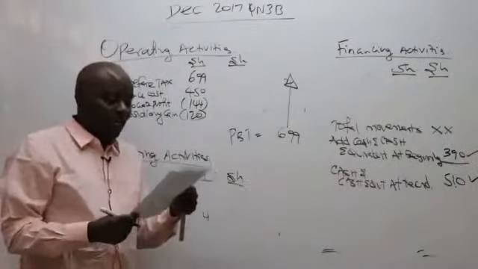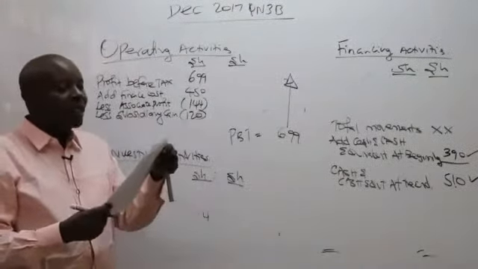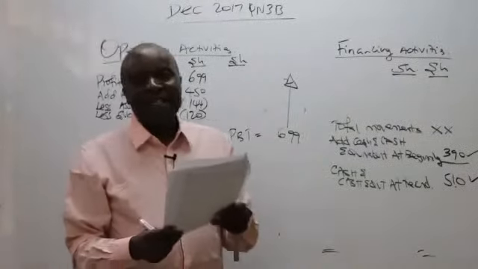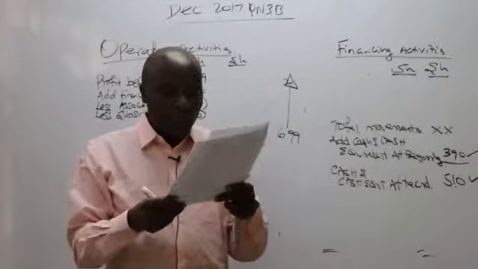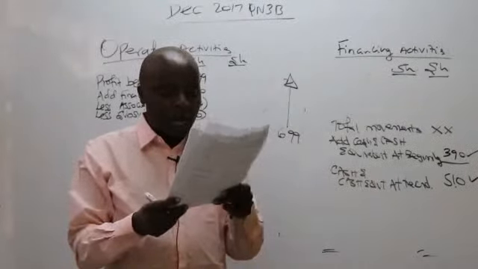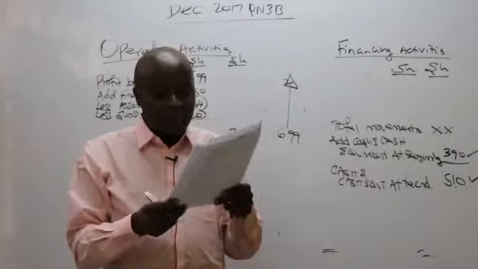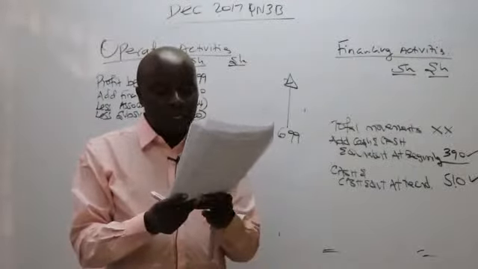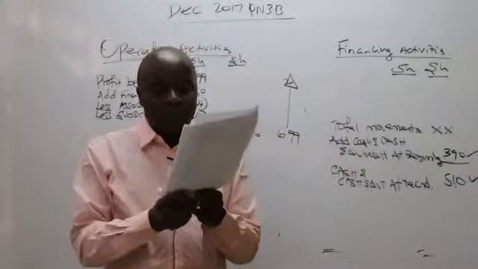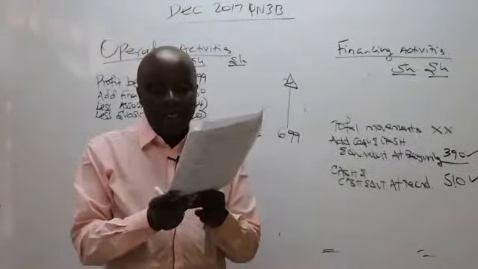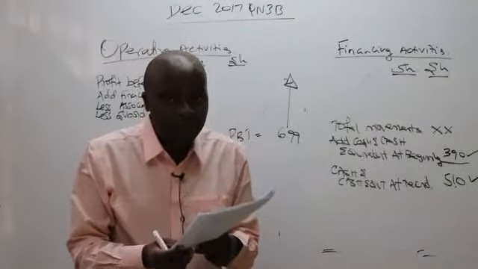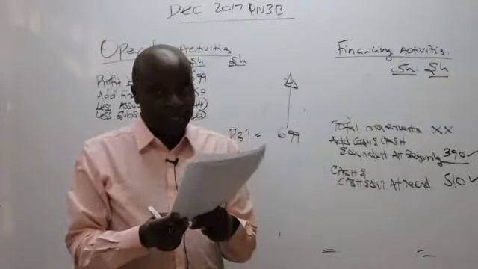Great. So tunaendelea vizuri. Ukiangalia pia vizuri katika cost of sales, of course, kutakuwa na depreciation. Ukiangalia note number 1: during the year ended 31st October 2017, depreciation of shillings 240 million was charged in relation to property, plant and equipment.